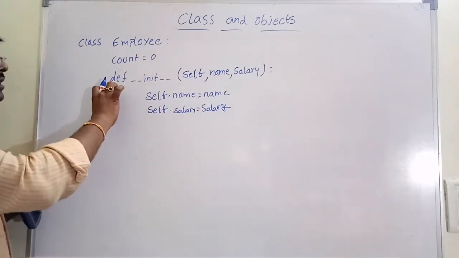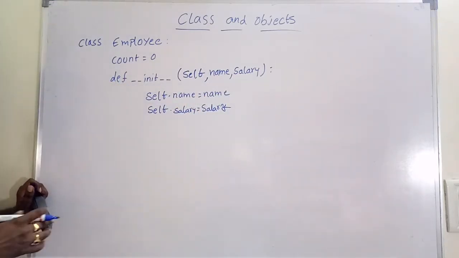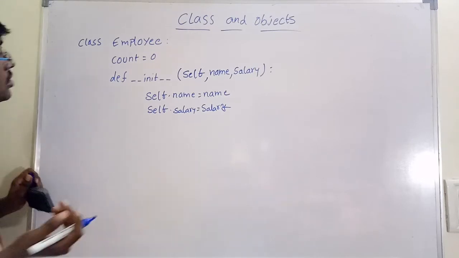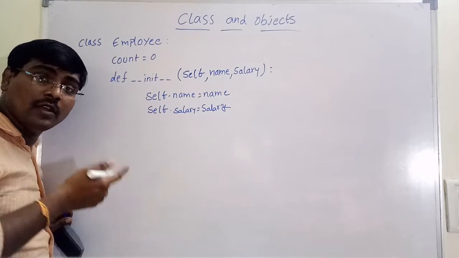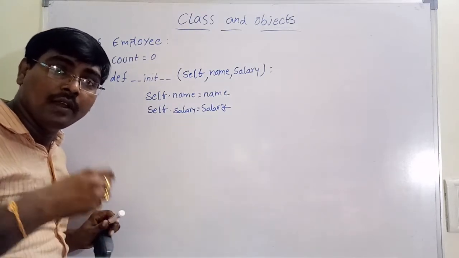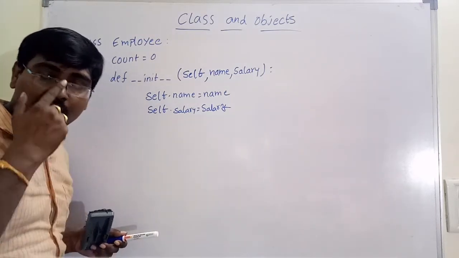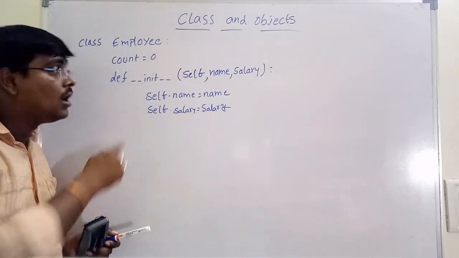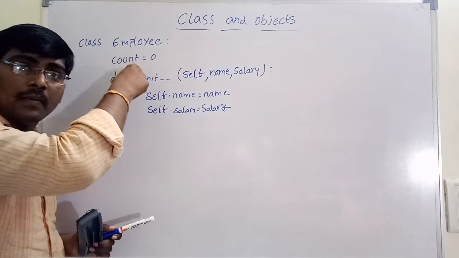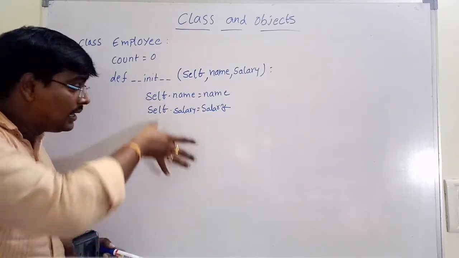So I am defining the constructor. After that, in the constructor itself, I am updating the count variable. Whenever we create an object, the constructor is called. How are we accessing this?